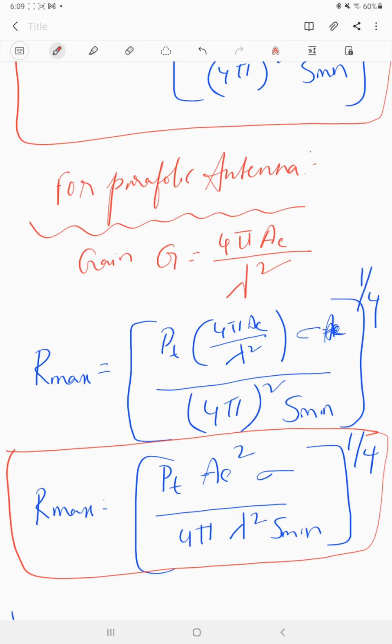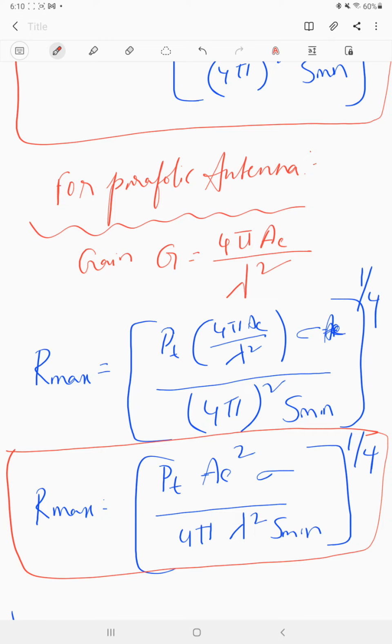It is very useful for calculating different parameters. It depends on how we should design the radar system so that it can have the maximum range. Our main target is that the radar must have a maximum range.